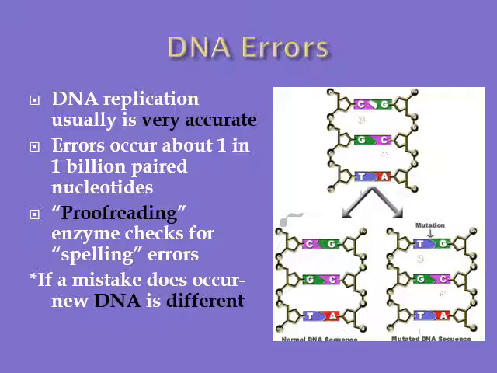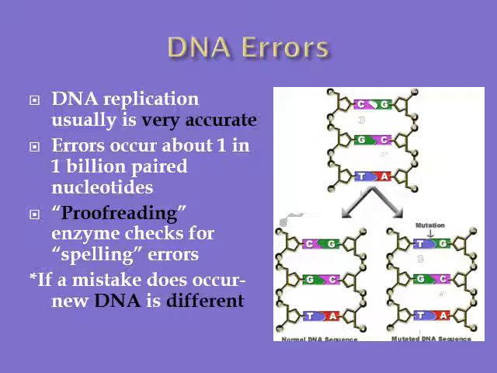In order to avoid this, we're going to have some proofreading that our cells try to do. We have some enzymes that help check for any spelling errors that could be in our DNA. For example, if we found that a C was bonded with a T instead of a C being bonded with a G, that would be an error that would happen in our DNA.